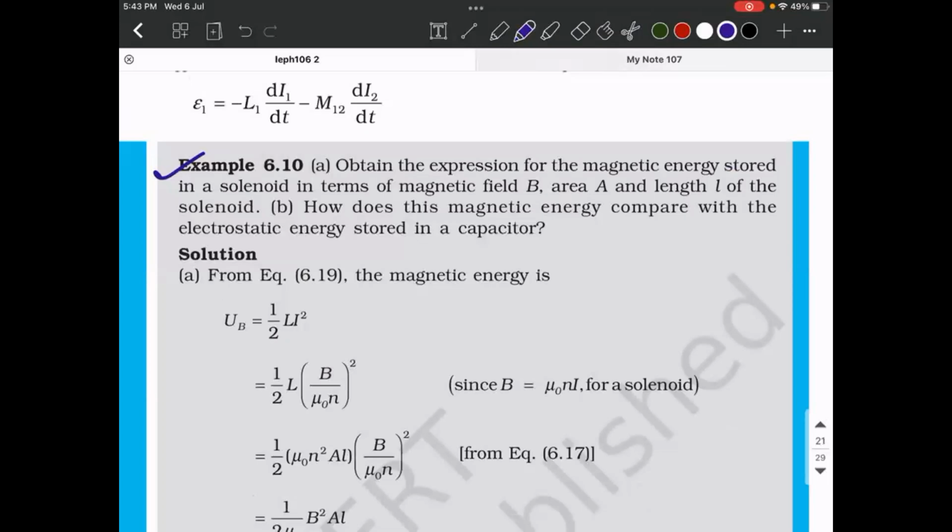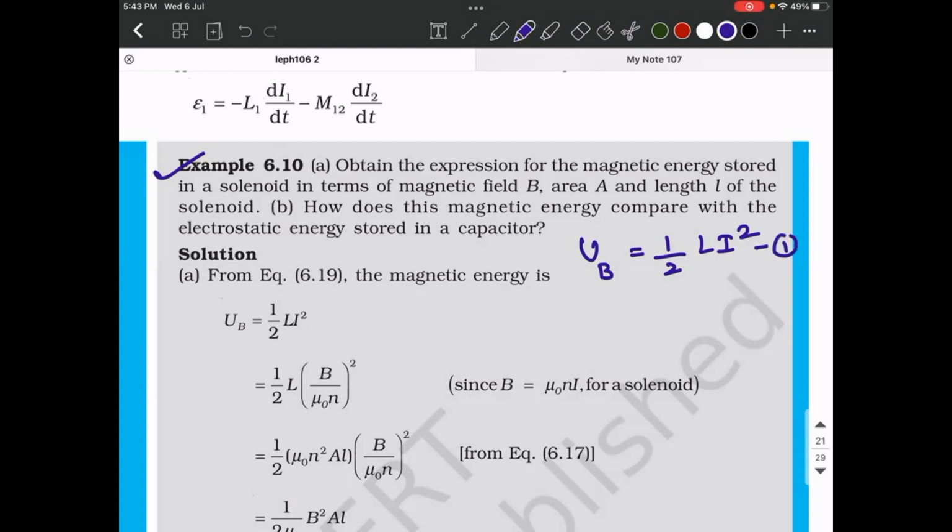So they are asking you to derive the energy stored in the form of magnetic field. Energy is represented by the symbol U, B stands for magnetic field. So U_B is equal to half into L I square. Let this be equation number 1.